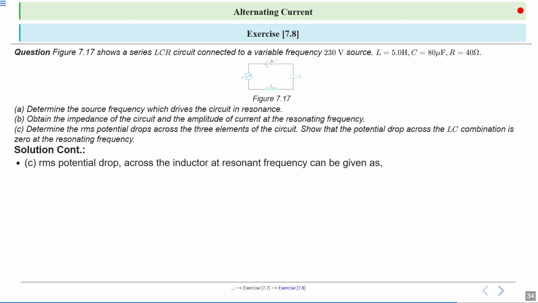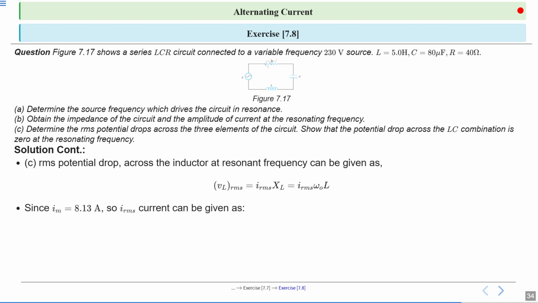So the RMS potential drop across the inductor at resonant frequency can be given as VL RMS, which is equal to IRMS XL, which is equal to IRMS, what is XL? Omega naught L. So omega naught is the resonant frequency. At resonant frequency, the RMS value of potential drop across the inductor is given as IRMS omega naught L.